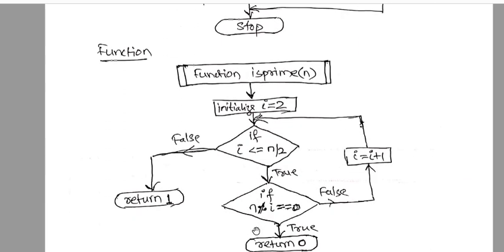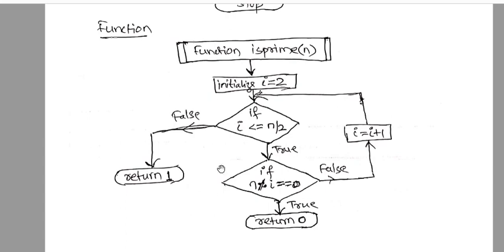Next is the function flowchart. This is a separate subset of the flowchart. We have the function as a rectangular block with an additional line on both the ends. Function is prime of n, initially i is equal to 2. So this is the for loop.